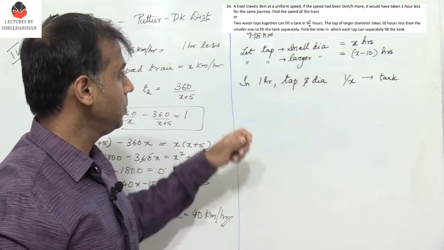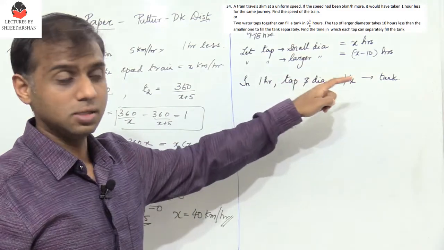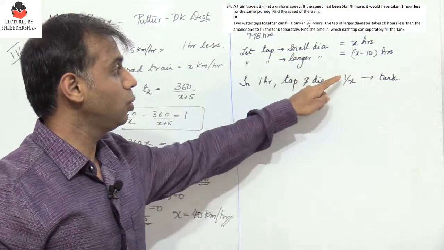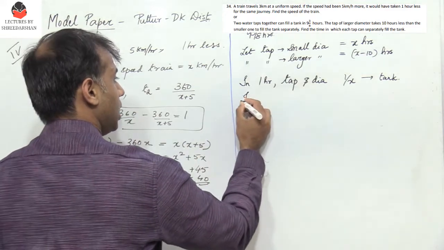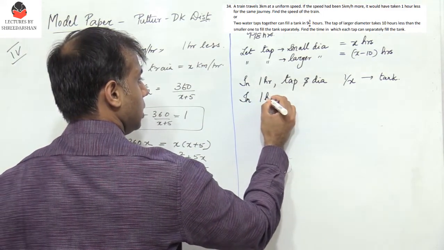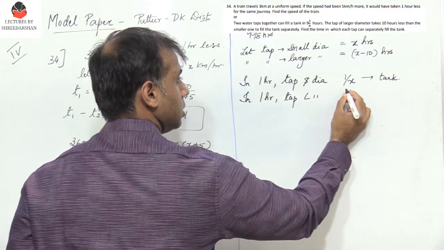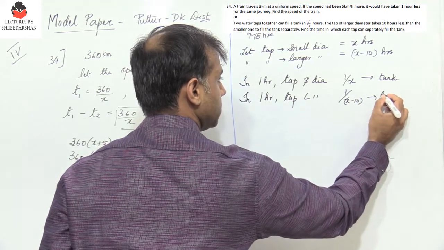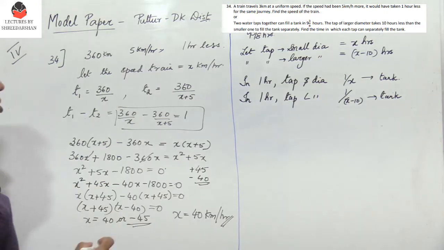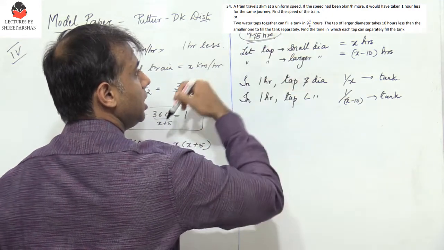So similarly, if the tap with the smaller diameter takes x hours, in 1 hour it would fill 1 by x part of the tank. Similarly, in 1 hour, the tap with the larger diameter would fill 1 by x minus 10 portion of the tank. So now the tank together is filled in how many hours?